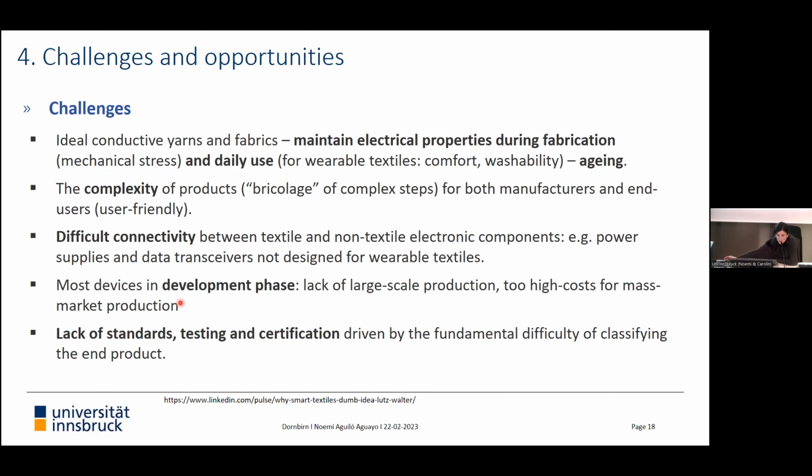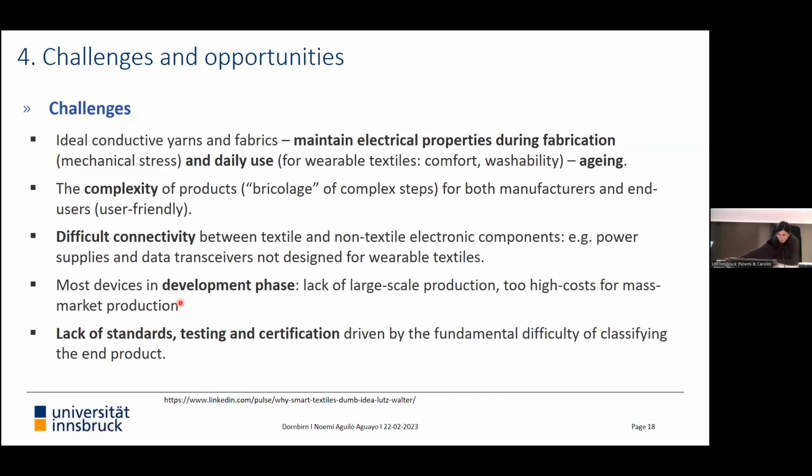We have seen that this is a multi-step process where we first, for example, want to coat the yarn, and then we use the yarn in the textile manufacturing. So this is a complex process that the manufacturers need to understand.